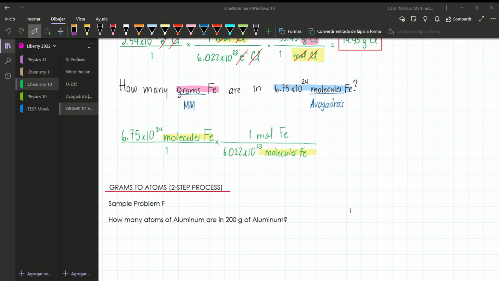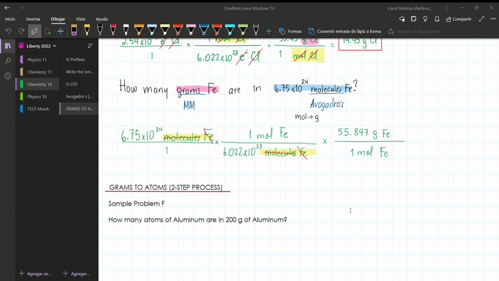We get rid of molecules with molecules and iron with iron, and then I need to convert from moles to grams. In what part am I going to need to write my moles, up or down? Down. So in 1 mole of iron, how many grams do I have? 55.847 grams of iron.